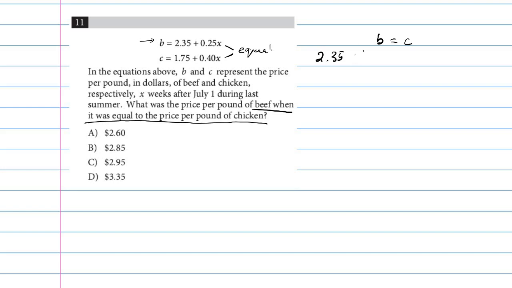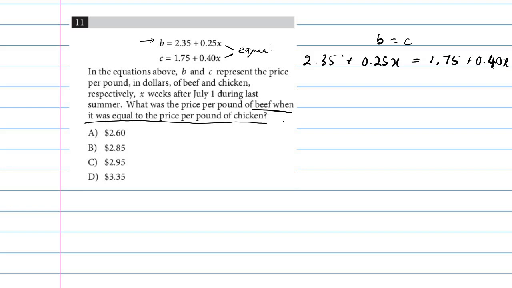So B equals C, which means that 2.35 plus 0.25x should be equal to C, which is 1.75 plus 0.40x. In an equation, what you're supposed to do is isolate the x terms onto one side.